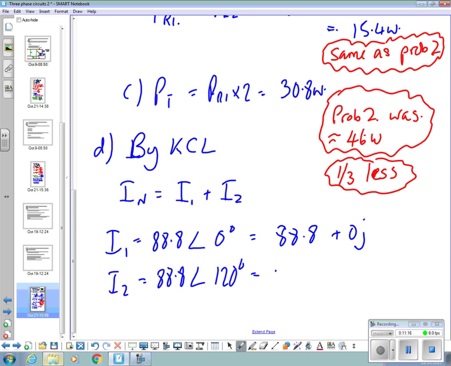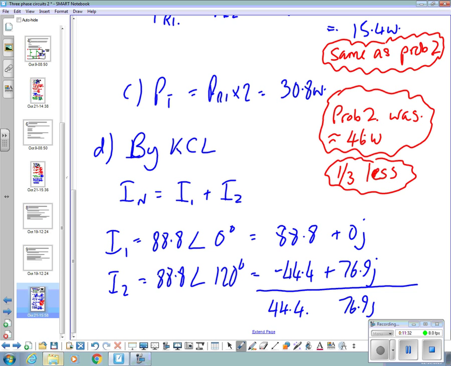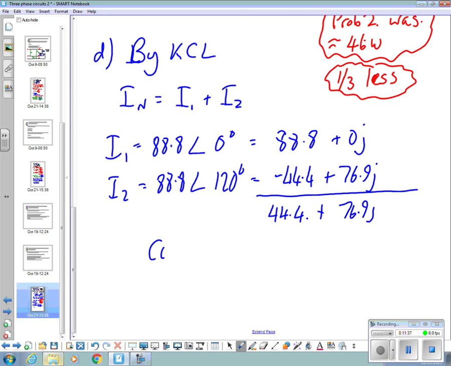Minus something, wasn't it? Minus 44.4 plus 76.9. Add them up, that's 76.9. This is 44.4. What did that convert back? 88.8 milliamps, angle 60. Yep.